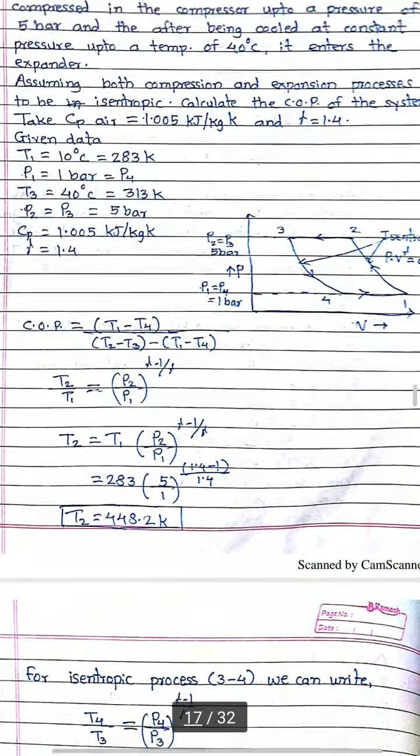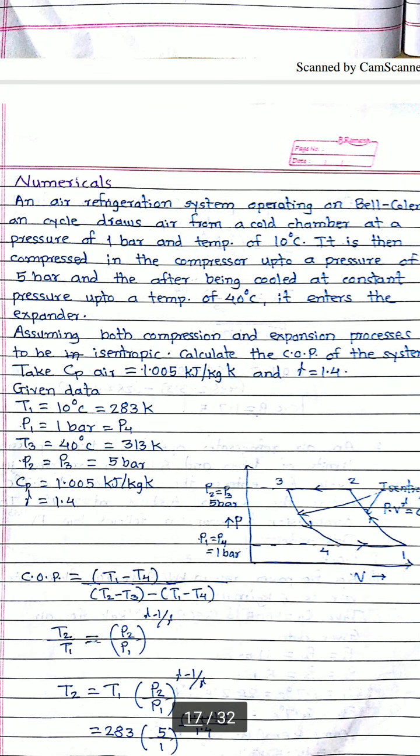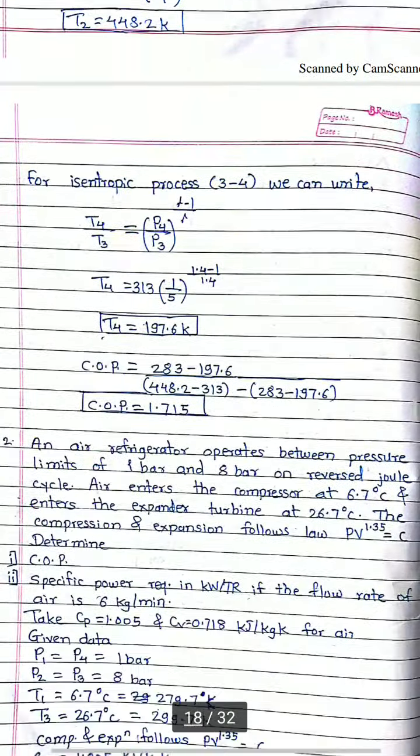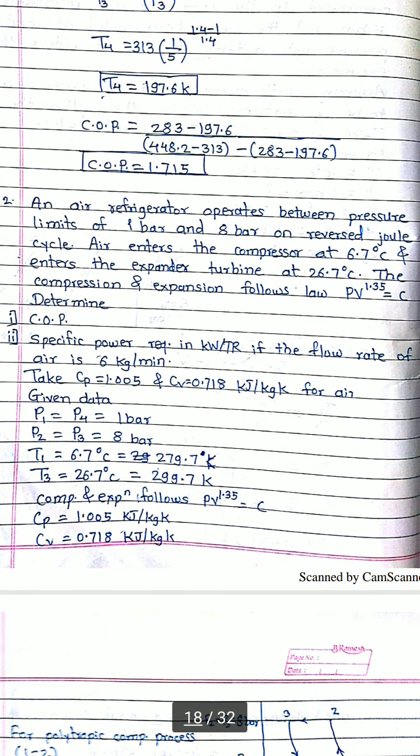Now look here. Somewhere the value is given as PV raised to gamma is equal to constant, and at that time the gamma value is always 1.4, but here they have given PV raised to 1.35 is equal to constant.